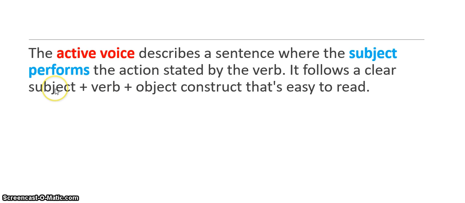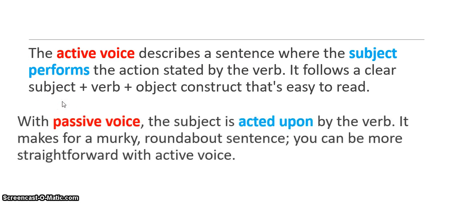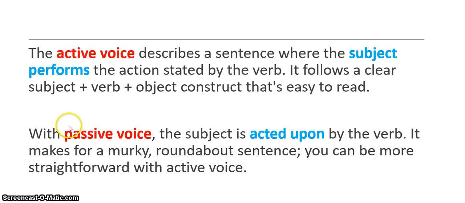If this is the scheme of the sentence, it is active voice, and in this kind of sentence, the subject is performing the action, doing the action. So let's see now what passive voice is. Passive voice is where the subject is acted upon. Now the subject is not performing the action, but is acted upon.